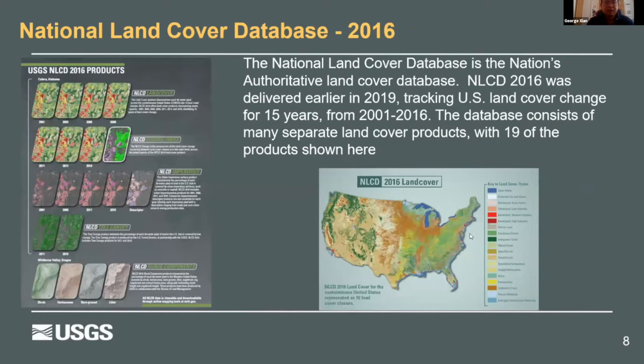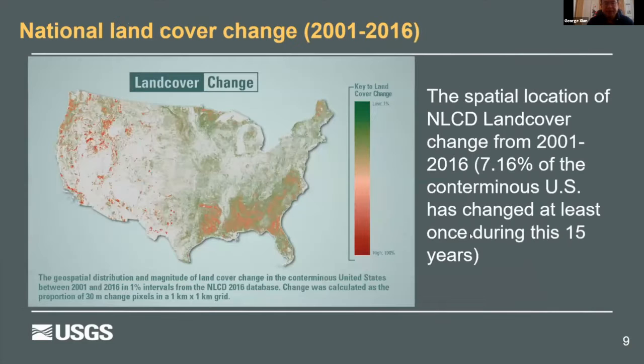For the NLCD land cover database in 2016, we developed the land cover and also impervious surface and tree canopy. For this, we generate the land cover every 2 to 3 years from 2001 to 2016. In that way, we can provide consistent comparison for the entire nation.